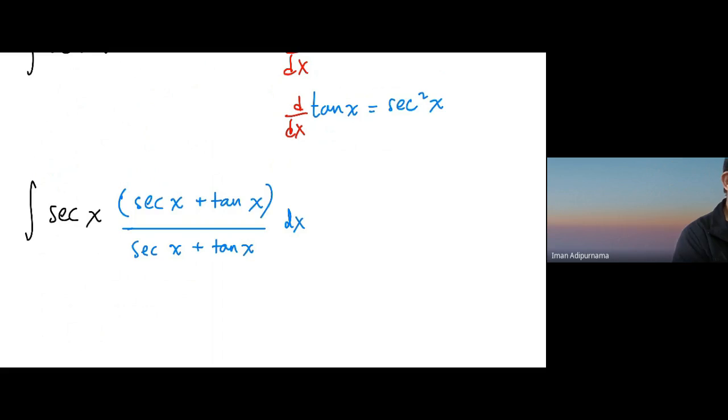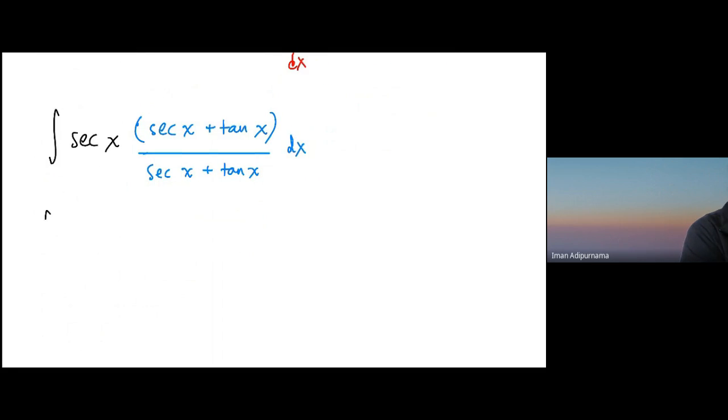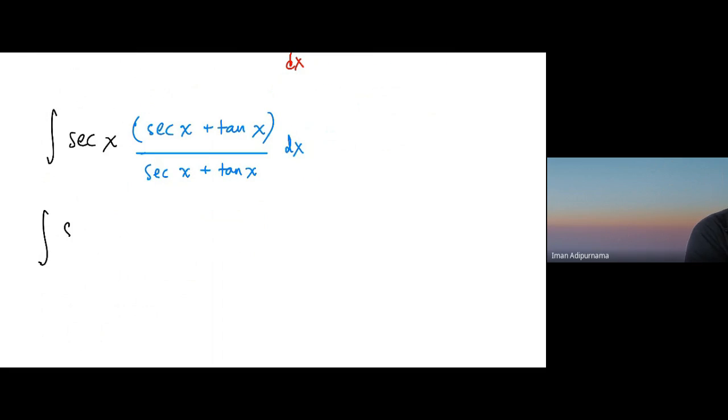So writing the integral like that, we will have secant squared x plus secant x tangent x on top, and the bottom one will be secant x plus tangent x, dx.